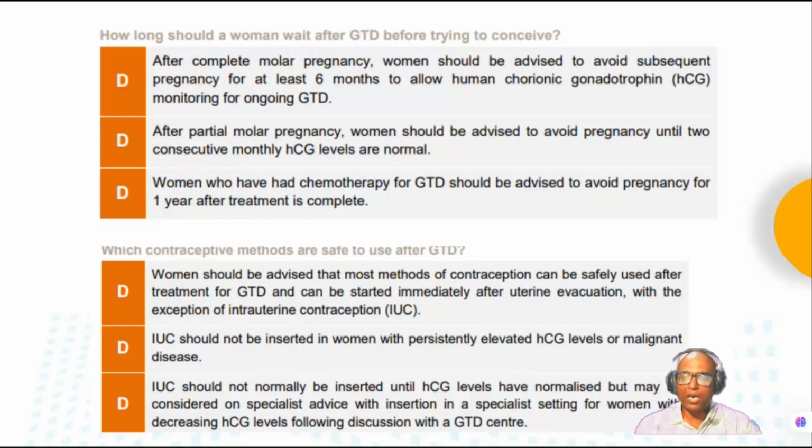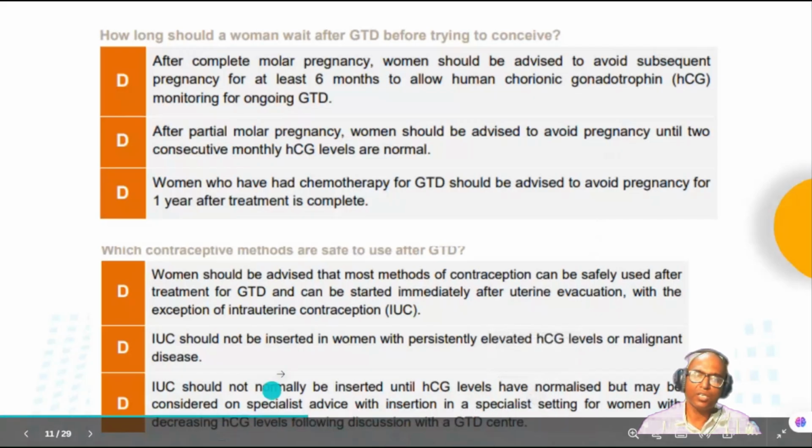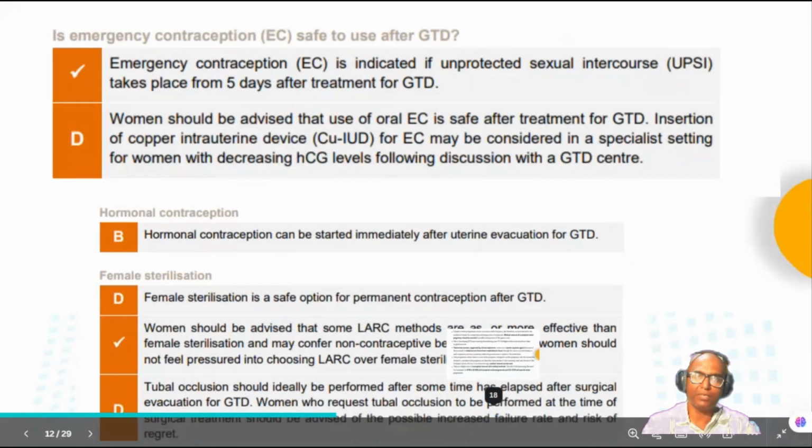IUC should not be inserted until beta HCG levels have normalized, but may be considered on specialist advice, with insertion in a specialist setting, for a woman with decreasing HCG levels following discussion with the GTD center. So if the patient is insisting, then with specialist advice and discussion with the GTD center in a specialist setting, it may be considered. But otherwise it is routinely not recommended.